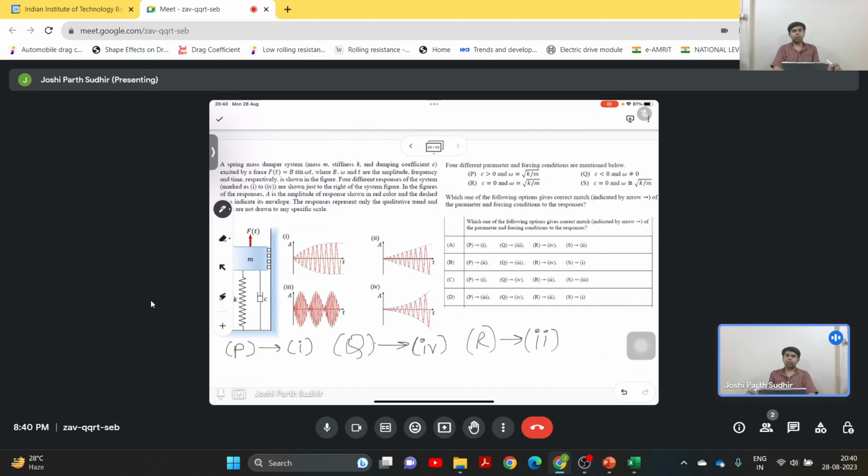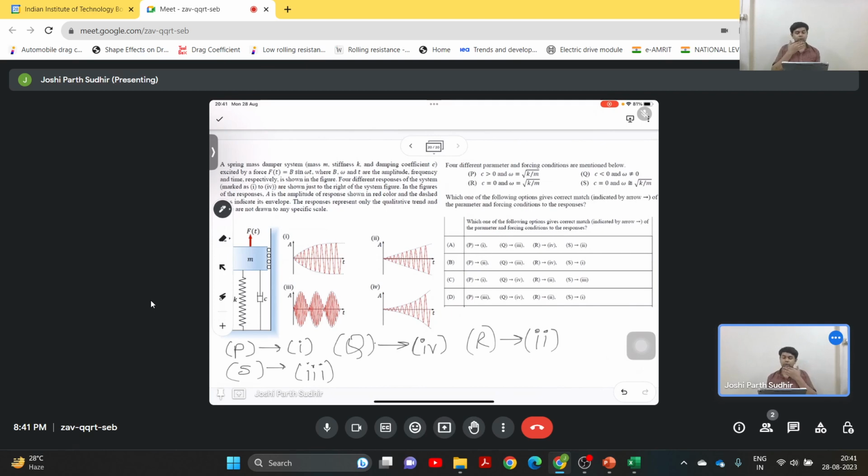Then we will observe the phenomenon of beats, where the amplitude will start growing with time, and after some time it will again start decaying. This kind of trend is shown by the response in option number 3. So S matches with the response given in option number 3.